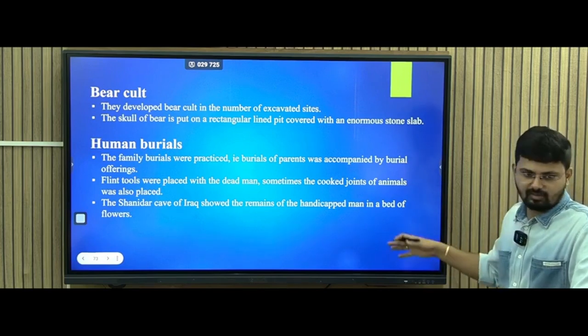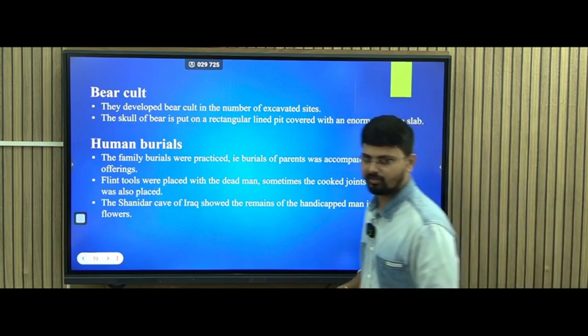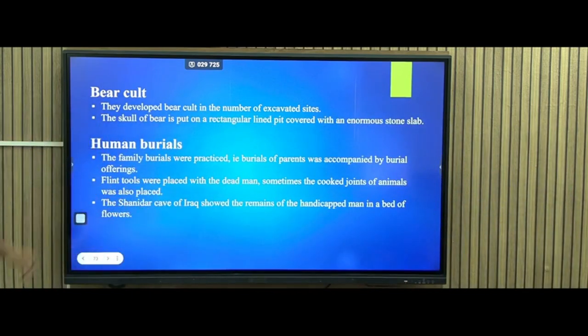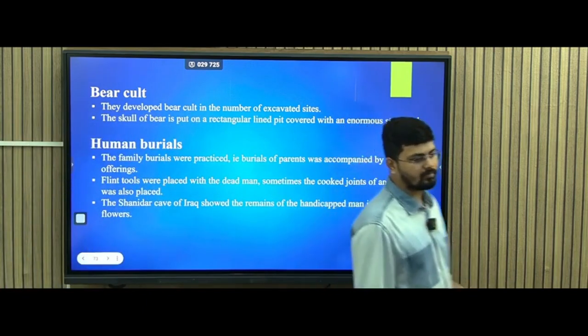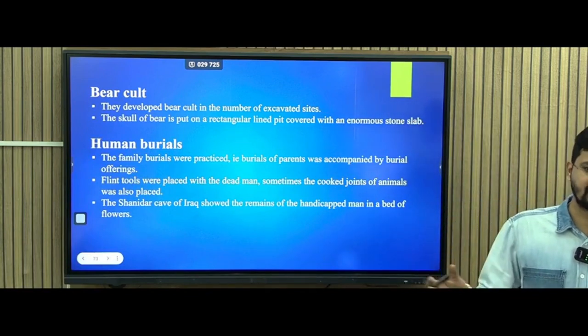Next, burials, I have already told you. If they are put in the pit covered with so many stone slabs, obviously burials are there. So burials were practiced, and burials were accompanied by offerings, believing that maybe they might have life after death, so their tools had to go with them.